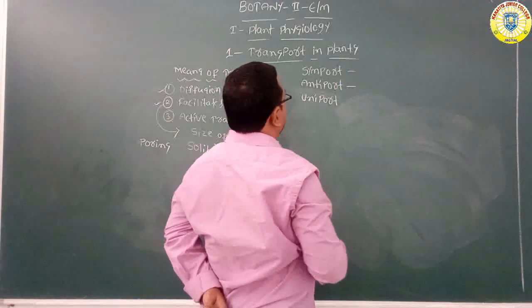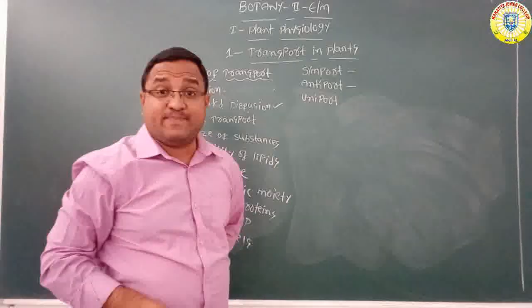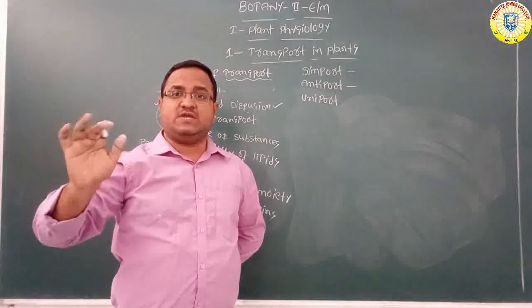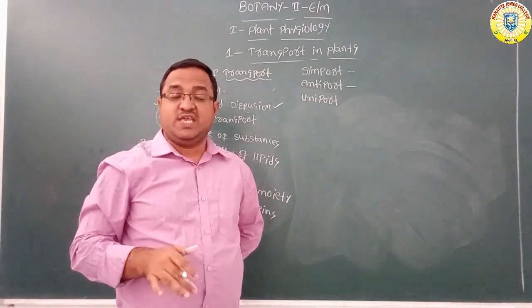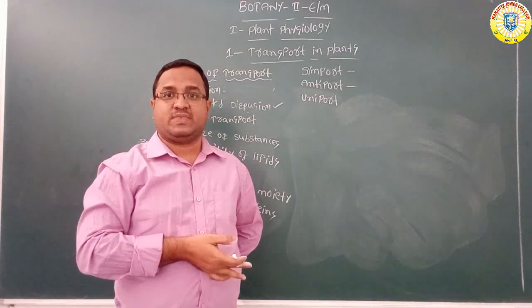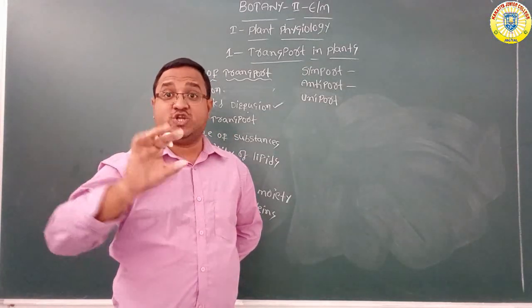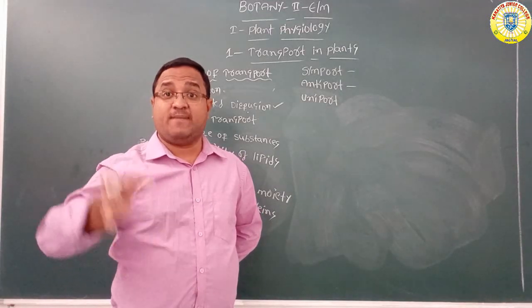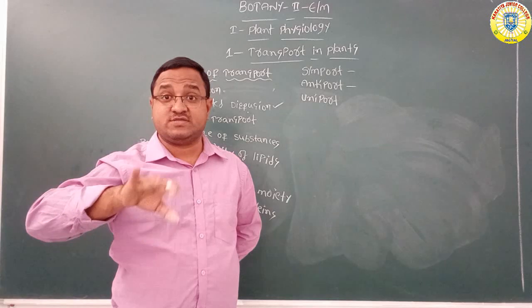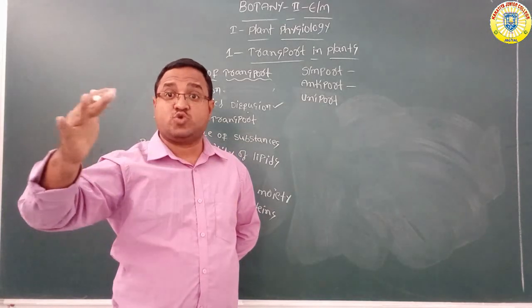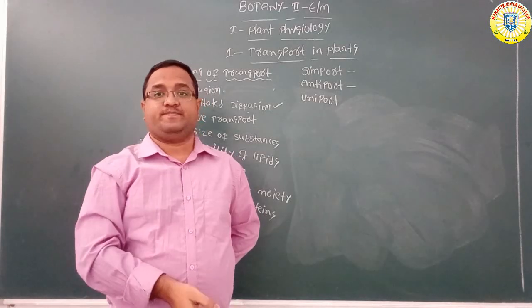First, the carrier proteins allow diffusion only if two types of molecules pass through the membrane. There should compulsorily be two types of molecules. Then only the carrier protein allows the molecules through the cell membrane.